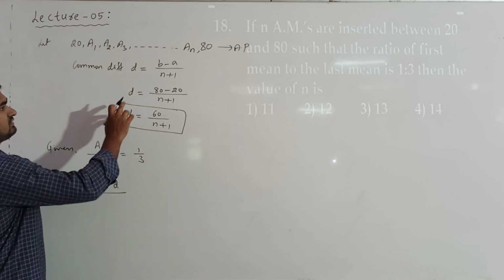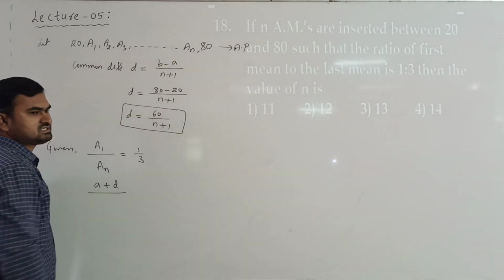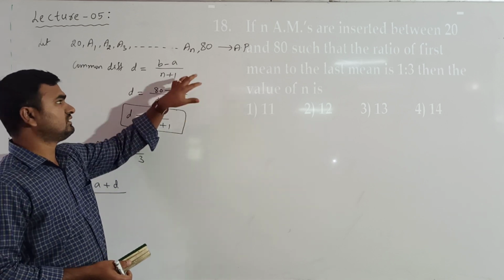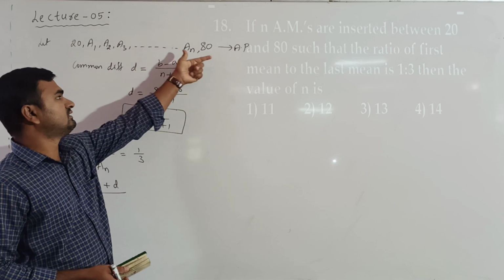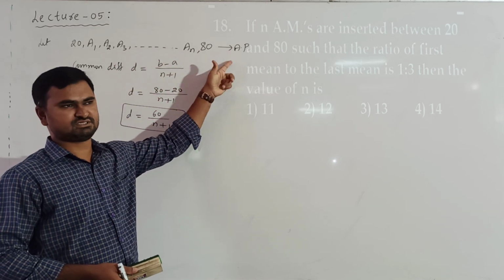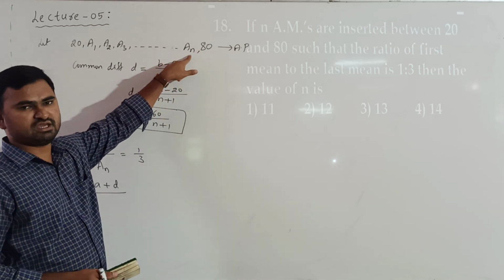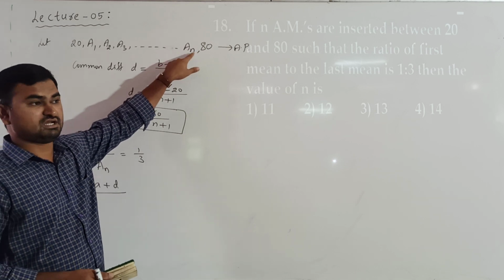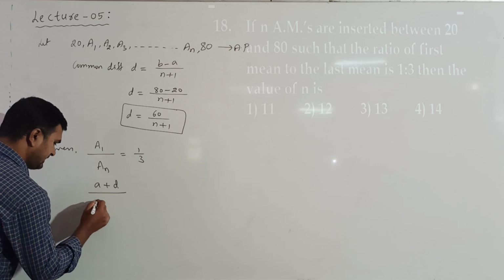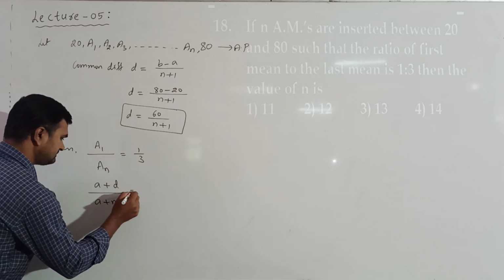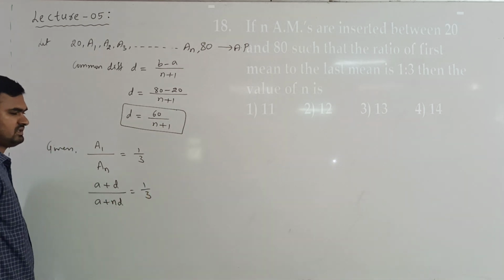Next, AN is the last mean, and it is which term of the AP? In the AP we have n plus 2 terms in total. So this is the n plus 1th term, the last but one term. The n plus 1th term means we can write a plus nd. So (a plus d) over (a plus nd) is 1 by 3.